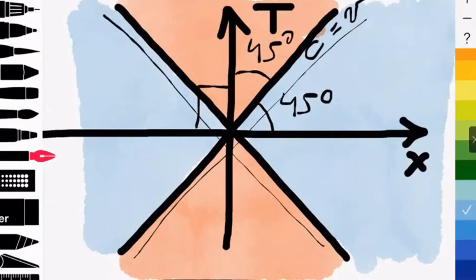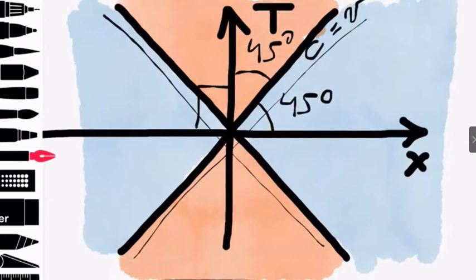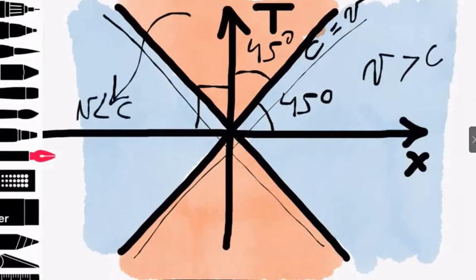That's easy to understand, I guess. Let me pick up the correct color, which of course I will not be able to do. Maybe here. Okay. So outside of this orange region, we have that the velocity is larger than c. And in the orange region, like here, the velocity is less than c. And on the thick lines, as we have seen before, c equals v. So we're moving at the speed of light.